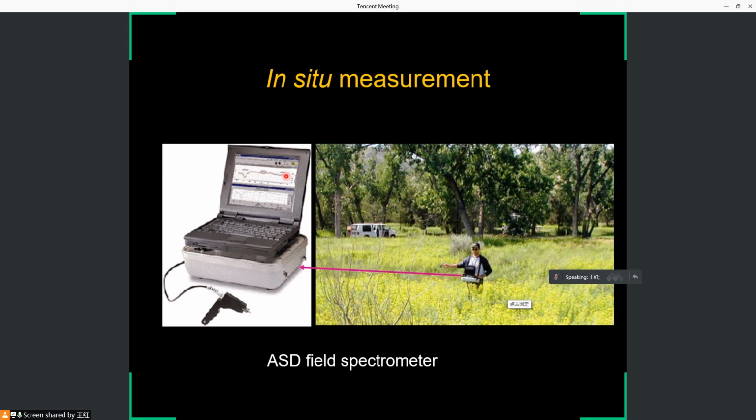Then from the computer you can see how the wavelengths change for the vegetation, or for different vegetation. The curve is different.